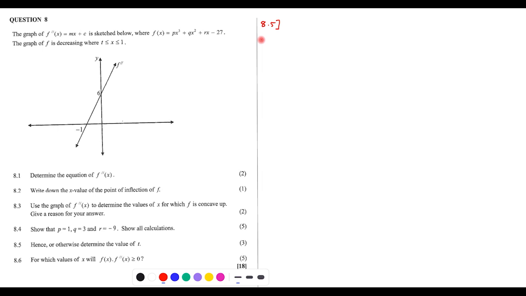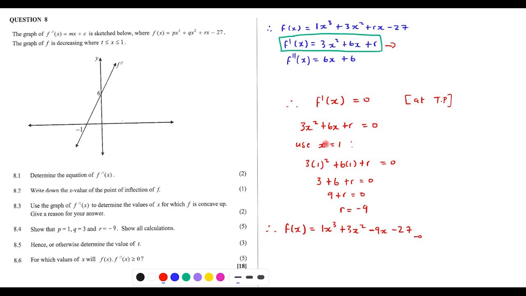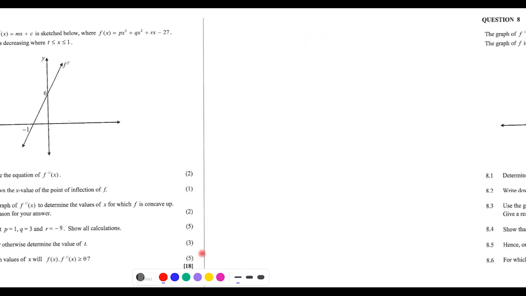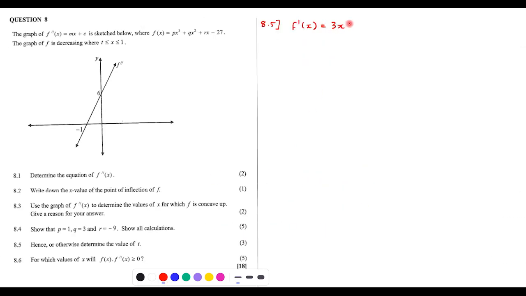So to do that, we already know that this is our derivative, right? So basically I'm going to say the derivative equals 3x squared plus 6x. Now I know what my r is, it is minus 9, right? Now what am I trying to do here? I'm trying to find the value for t.